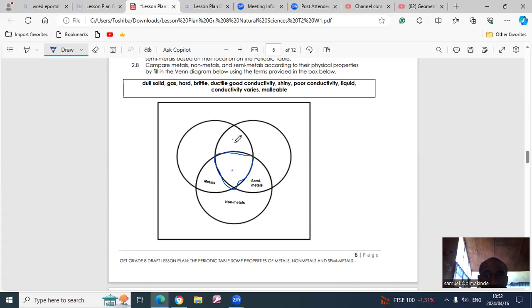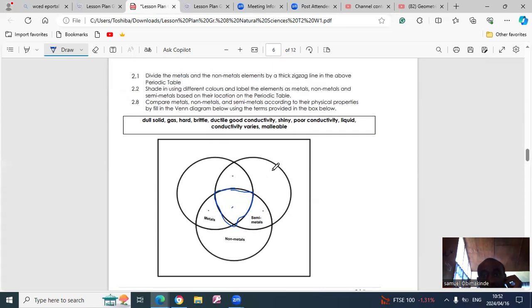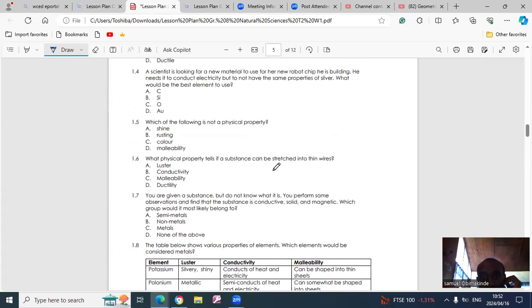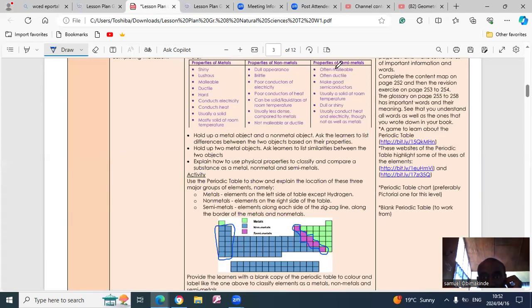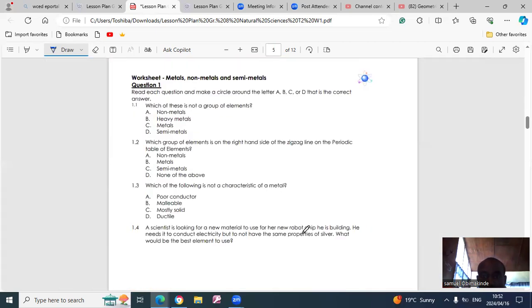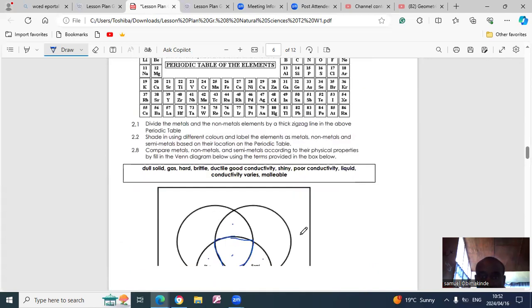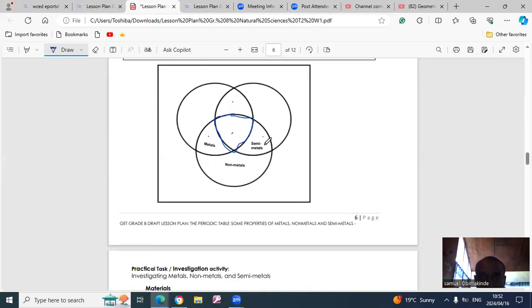And here you have the intersection of properties between metals and semi-metals. Here you have the intersection of properties between metals and non-metals. And here you have the intersection of properties of non-metals and semi-metals. So you have to go to that table that we showed previously, and you fill in those properties into this Venn diagram.